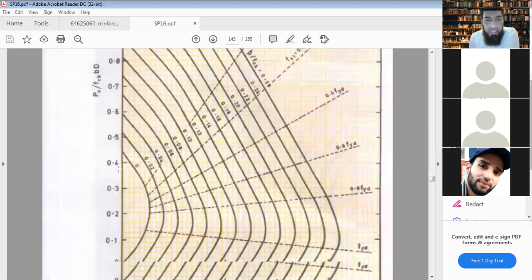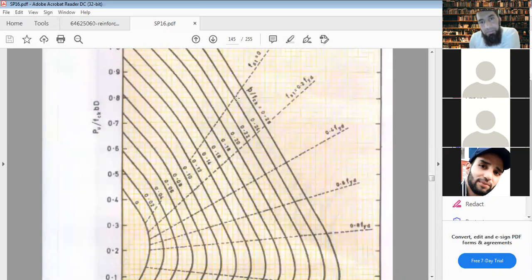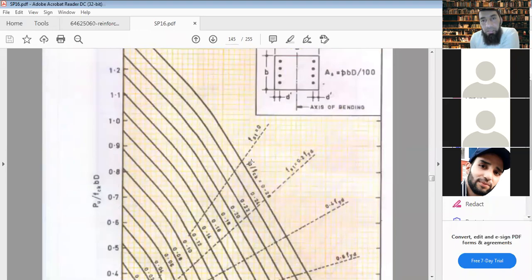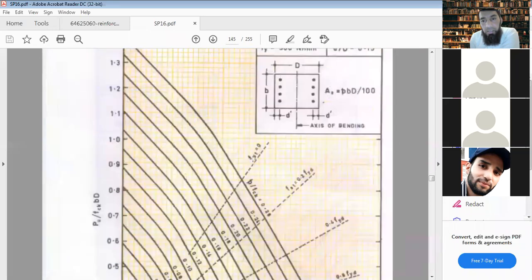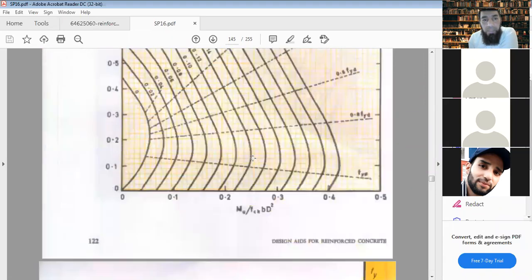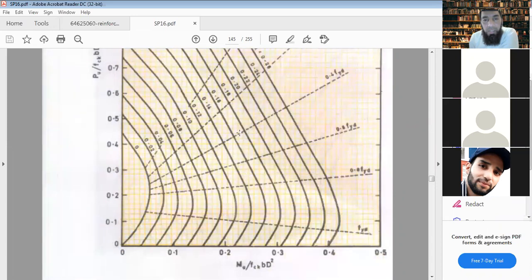Now in this case, on all these curves, you would see that you have p by fck here. These are the values of p by fck. That's the percentage of steel to fck, starting from 0 up till 0.26 here. And from this chart, what you are getting is different curves.